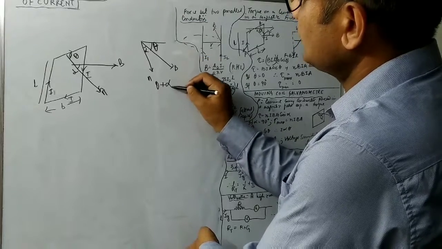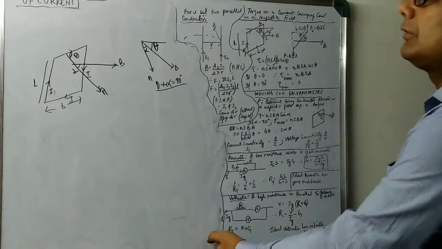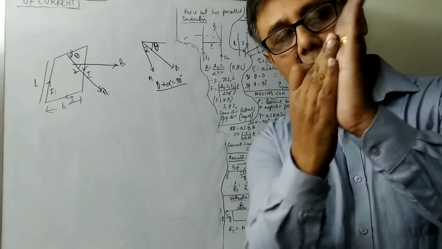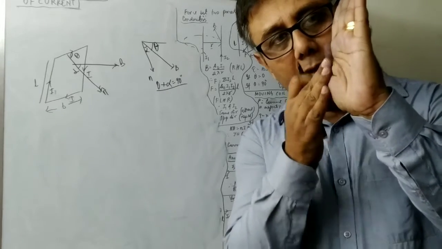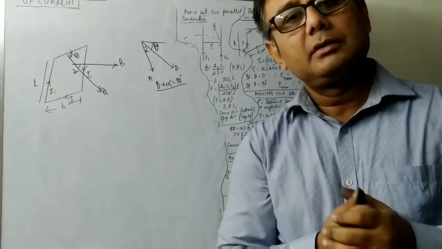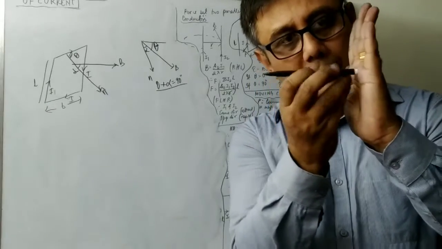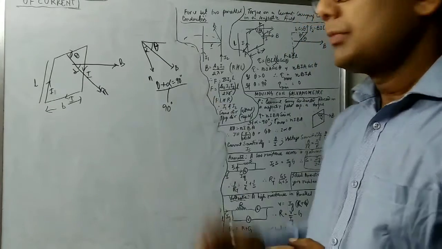So basically theta plus alpha should be 90 degrees. If I say the plane is parallel to the magnetic field, that means the normal is perpendicular to the magnetic field. That means this alpha will be 90 degrees.